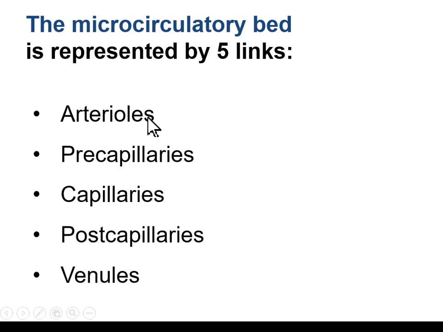The last artery continues into the arterioles, into the precapillaries, into the capillaries, into the postcapillaries, into the venules, which are tributaries of the small veins, and then tributaries of the largest veins. These are the 5 links of the microcirculatory bed.